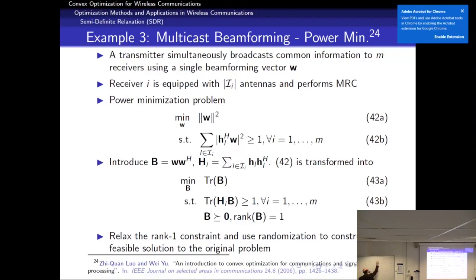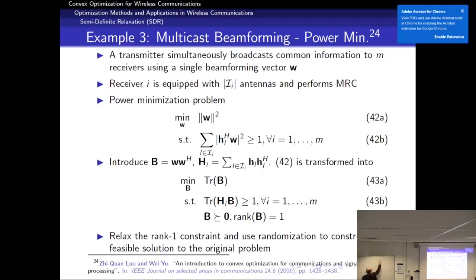At this receive antenna, the observation y is h_l w plus some noise, plus the transmit signal that I transmit, c. And at another antenna I'm going to have something slightly different because my channel is different. So this is my effective channel, h_l multiplied by w at each antenna, and then I do MRC.